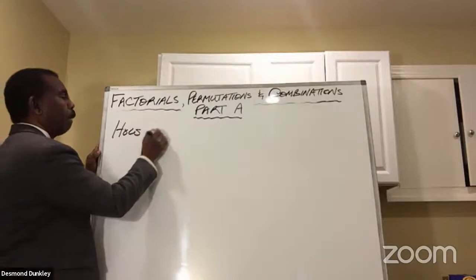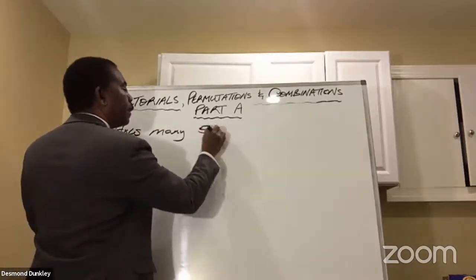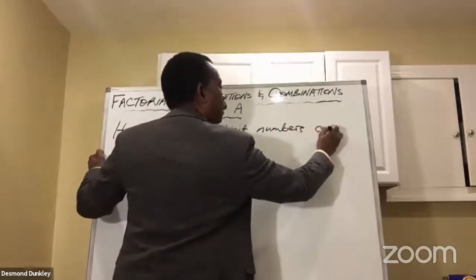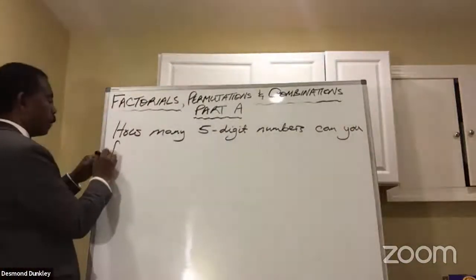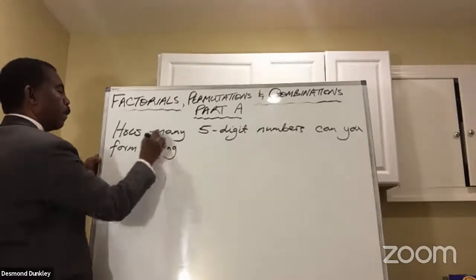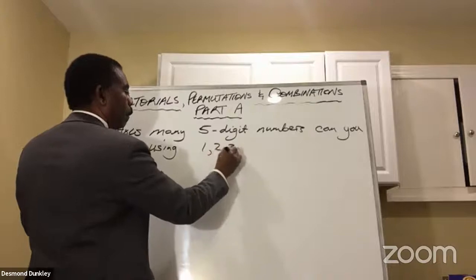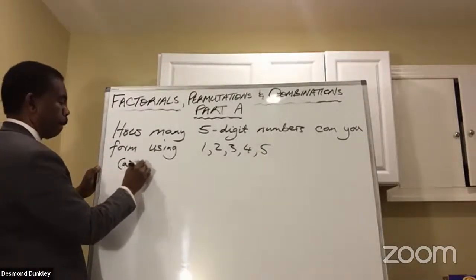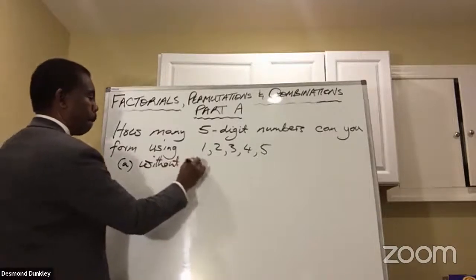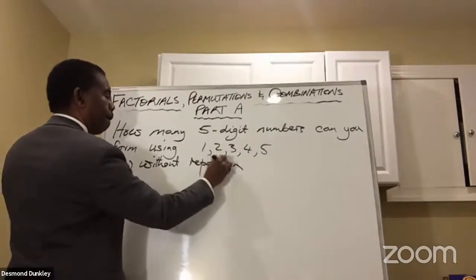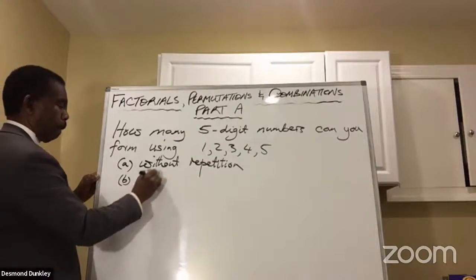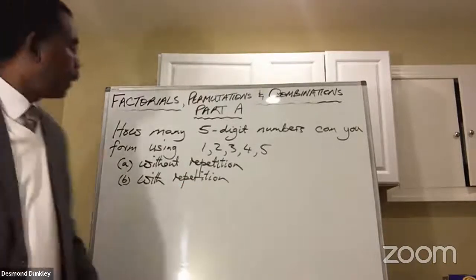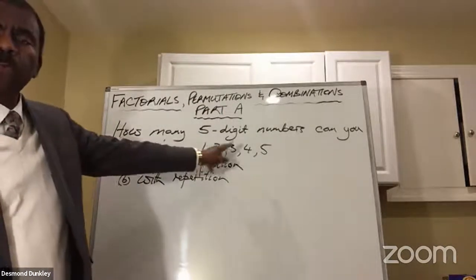How many 5-digit numbers can you form using the digits 1, 2, 3, 4, 5?